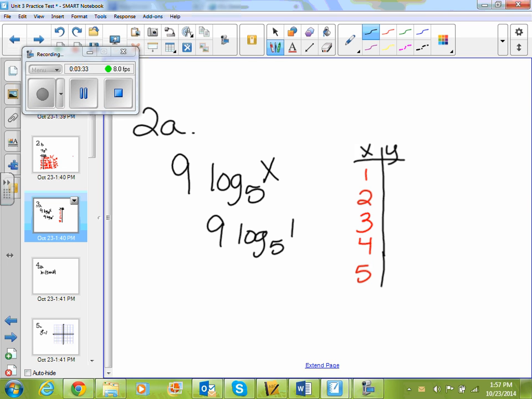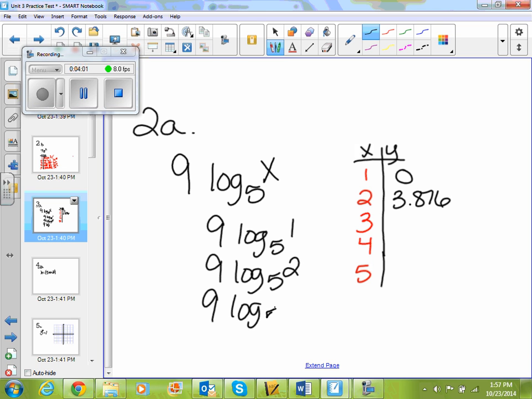Anyone know what that gives me? 0. Yep, should give me 0. I plug in 2 and I get 9 log base 5 of 2. What do I even get for that one? Okay, so 3.876. If I plug in 3, I get 9 log base 5 of 3.